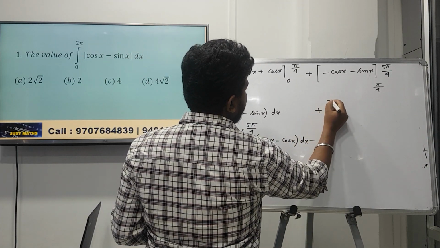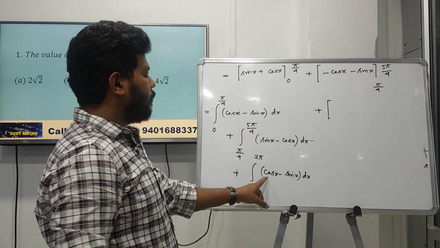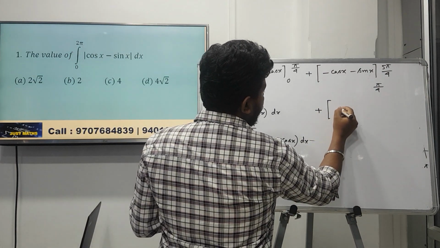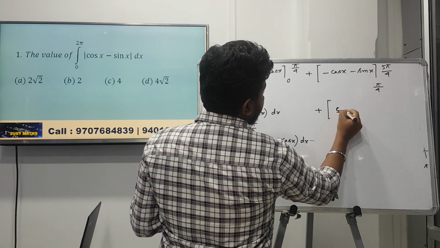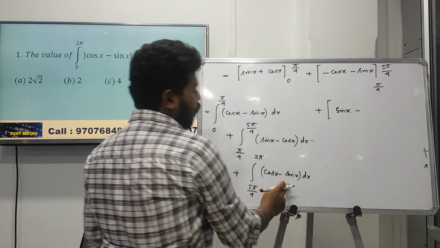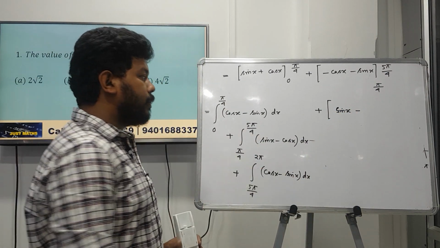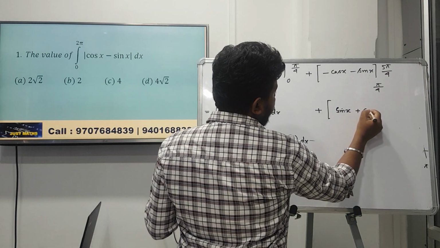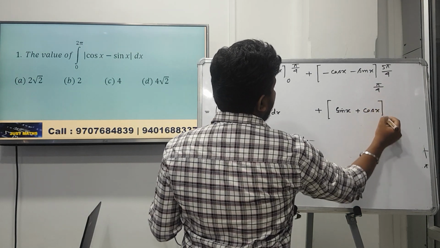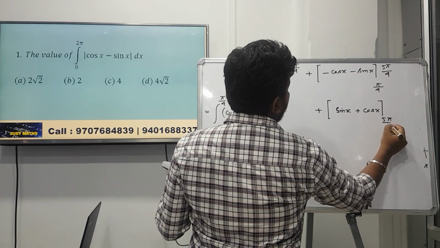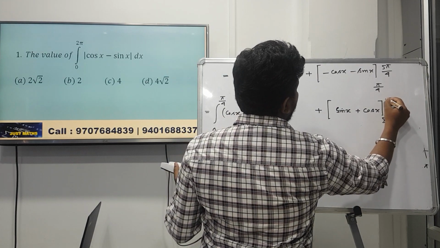Plus, integrate cos x minus sin x: for cos x it is sin x, for sin x it is minus cos x, so plus cos x over the interval 5π/4 to 2π.